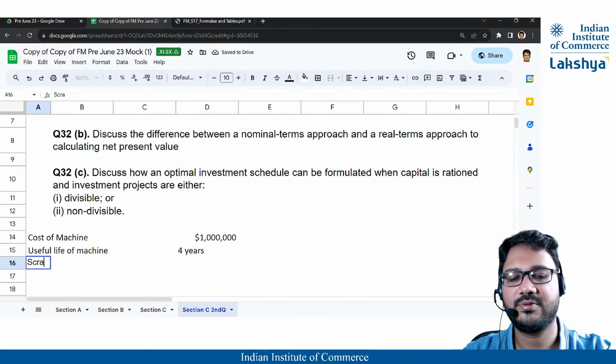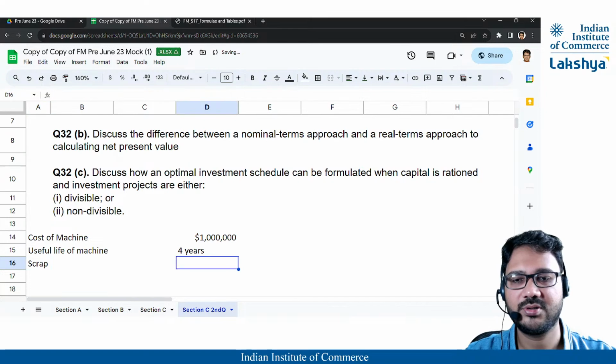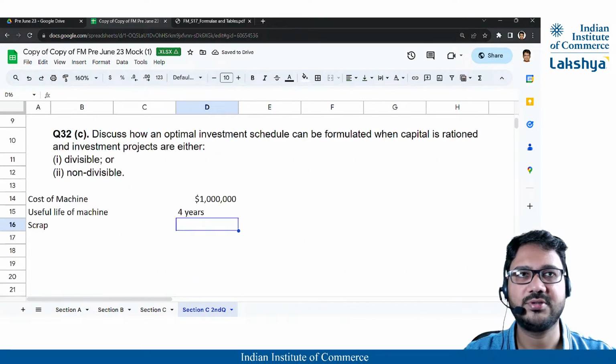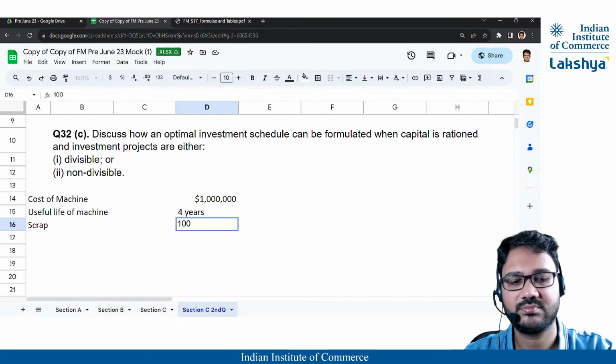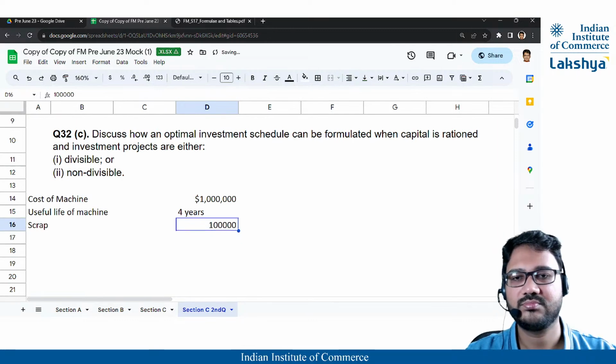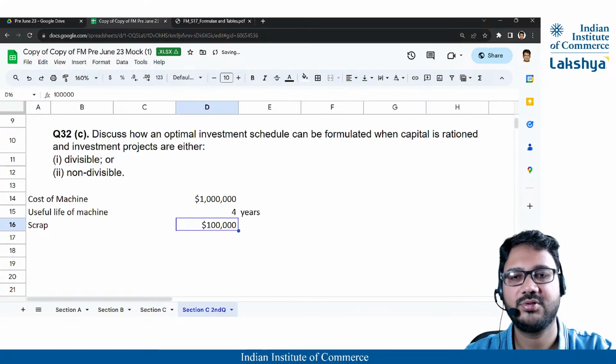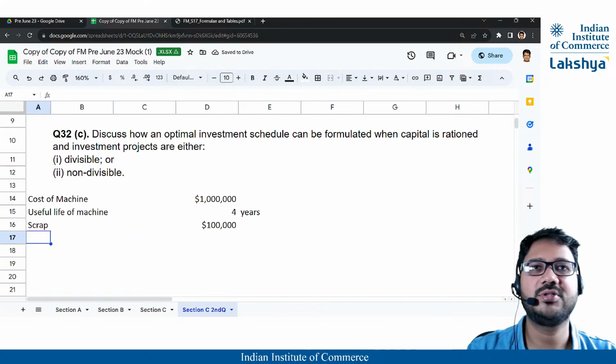Then the scrap, how much was scrap? I forgot. Scrap is $100,000.